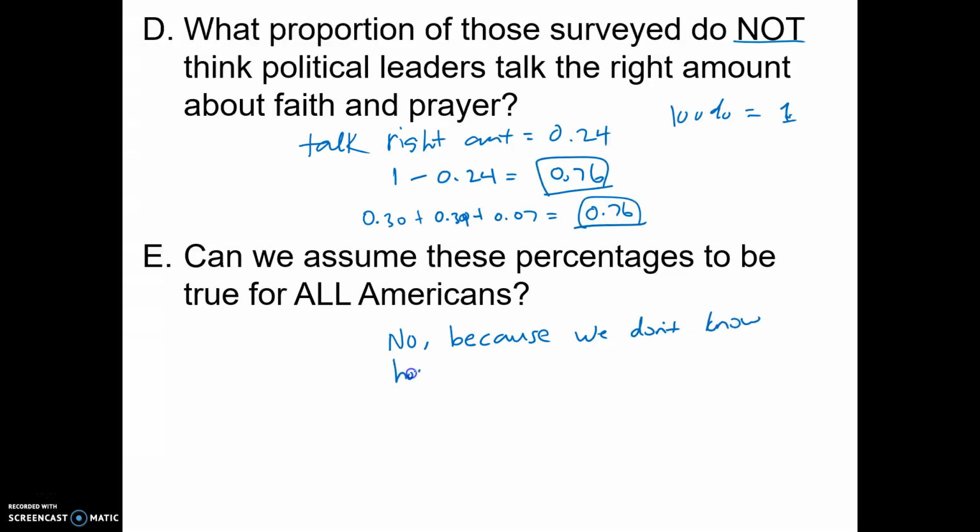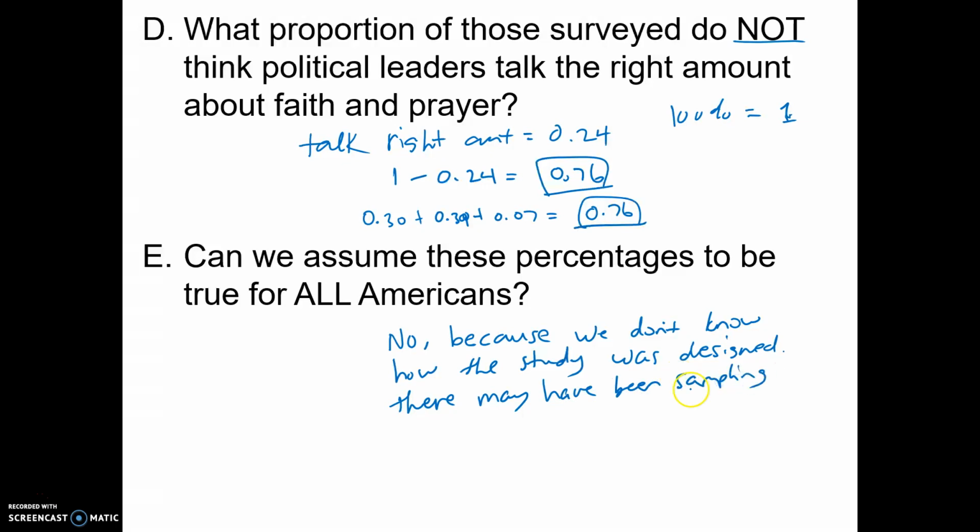It wasn't specified that it's a scientific study conducted by a reputable company. Since we don't know how the study was designed, we can't assume that it's true for all Americans, as there may have been sampling error. Okay, if you have questions, please bring them to class.